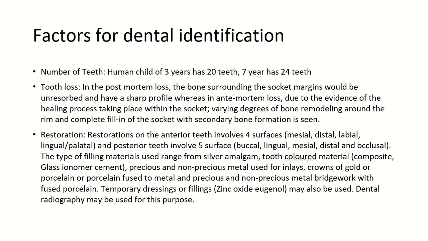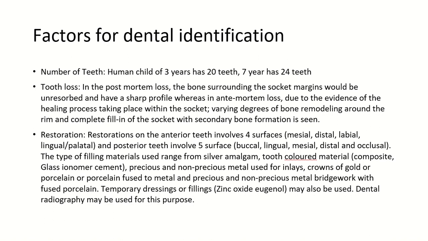Other factors for dental identification: the number of teeth. Up to 3 years of age, children have 20 teeth; from 3 to 6 there is temporary dentition. From 6 to 11 there will be mixed dentition, so 24 teeth will be observed.